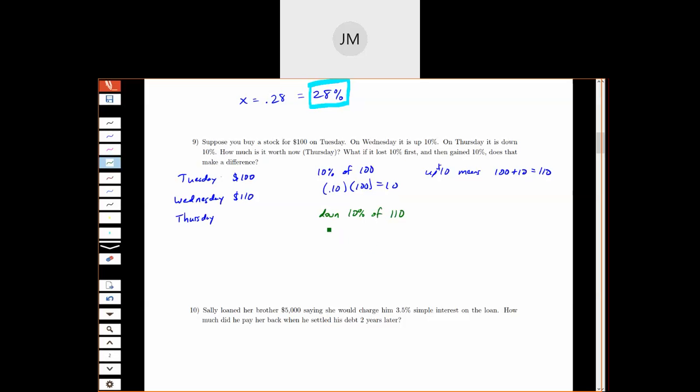So I'm going to take 10% of 110, which is 11. So down $11 from 110 is 110 minus 11, or 99. So how much is it worth now on Thursday? It's worth $99.